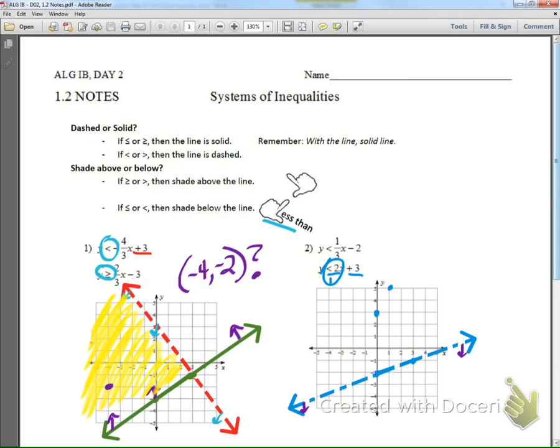There it is. And then I'm going to draw my line using the ruler, trying to keep it as straight as I possibly can. Extend it way past the coordinate plane.